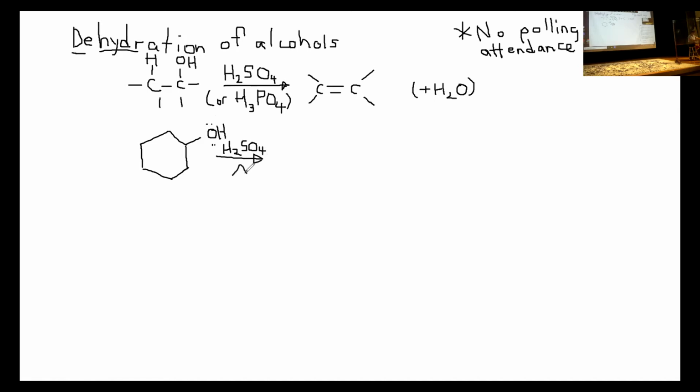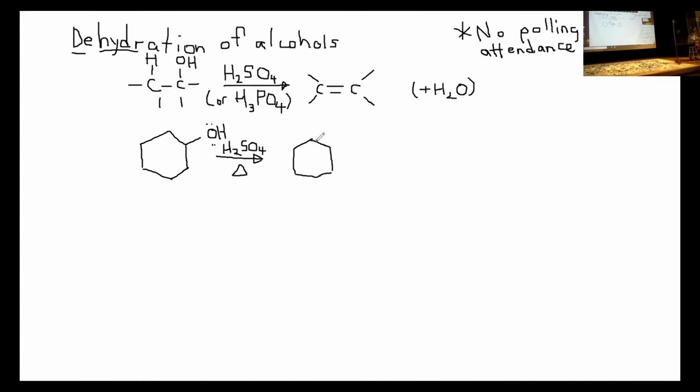Sometimes you'll also see a triangle, by the way. That triangle is an abbreviation for heat. And if they put two triangles, it means heated a lot. But be that as it may, I would expect that that would lose water, and so the product would be cyclohexene.